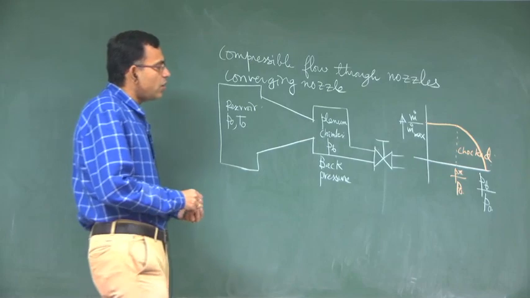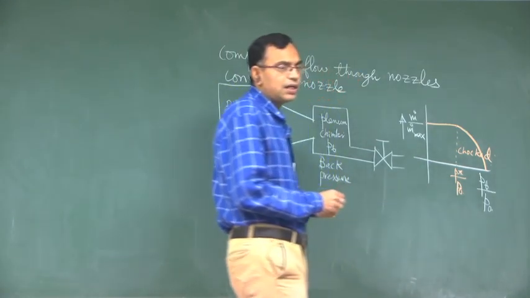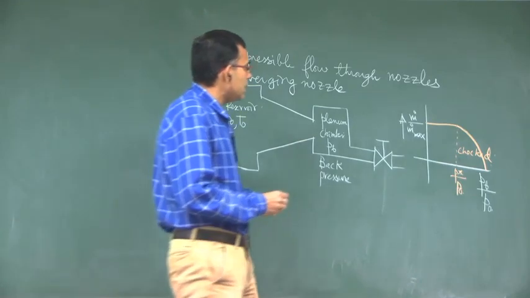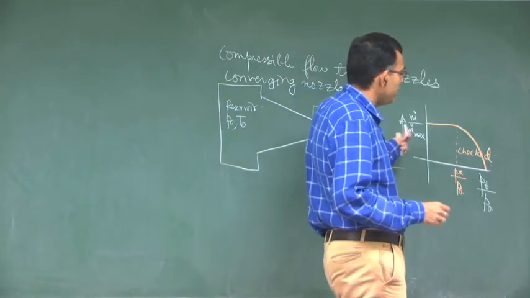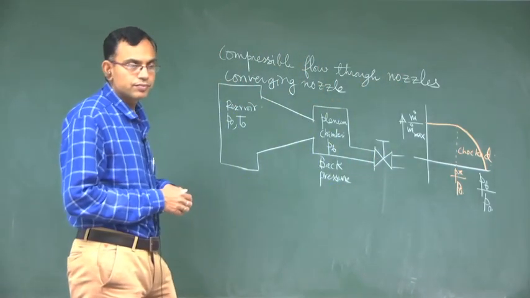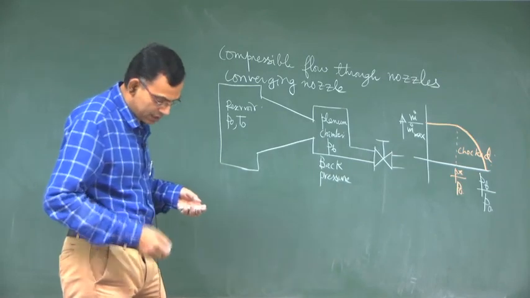So if you recall, we earlier derived a relationship between the change in area and Mach number for flow through variable area ducts.